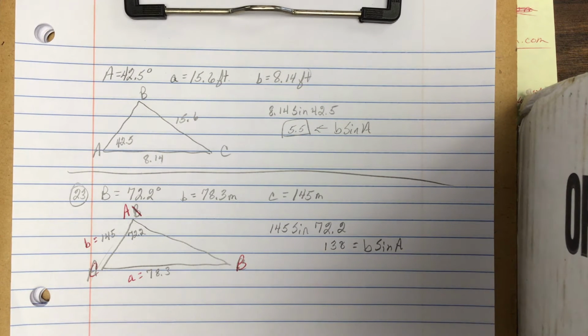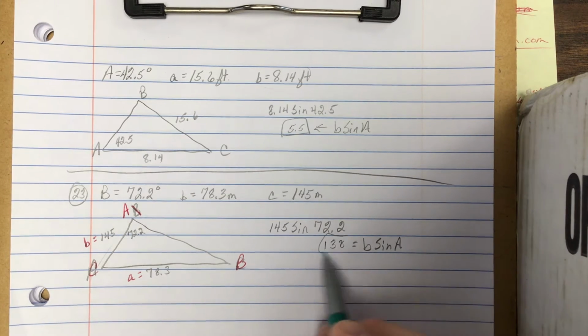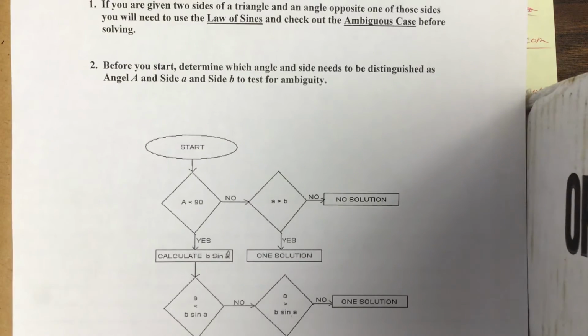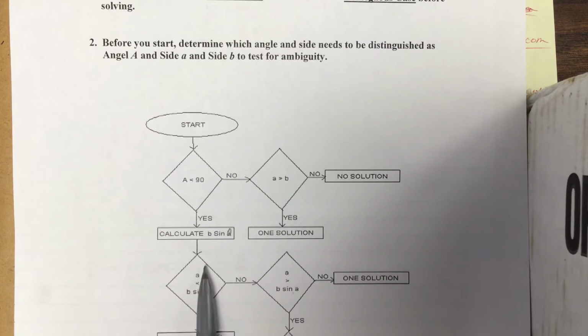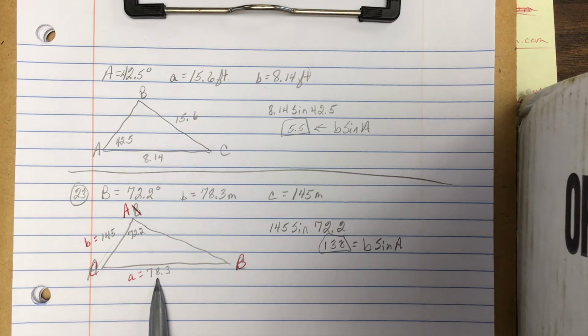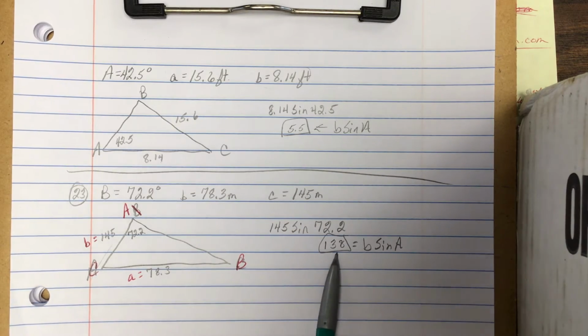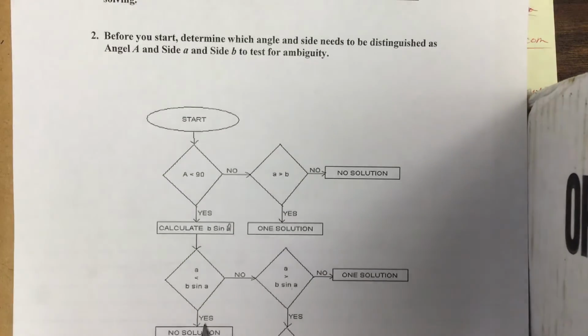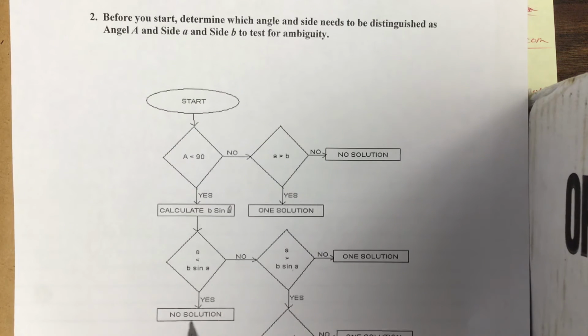All right, now then we're going to use that information to answer our questions. We've calculated B sine A. It's 138. I'm going to go over here. Next one is, is A less than B sine A? Remember, we look here. A is 78.3. B sine A is 138. And the answer is, yes, it is. What does that tell me? No solution.